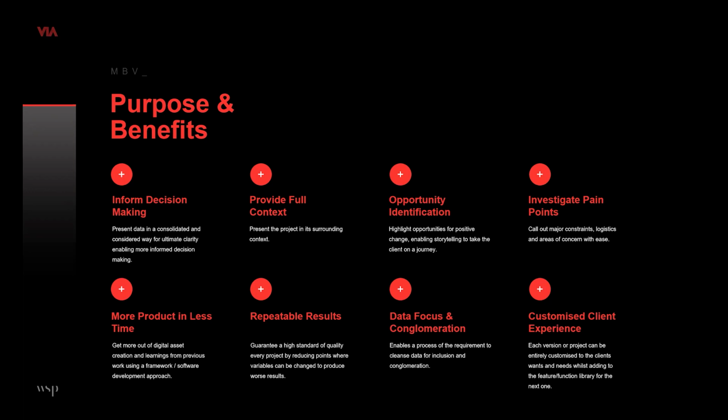So not just, say, in terms of a building project, it might be part of a master plan, it might be part of a wider city where we can bring in GIS data, also location intelligence data, and then from that model, tailor it to the use case or customize it to the client experience, depending on where it is.